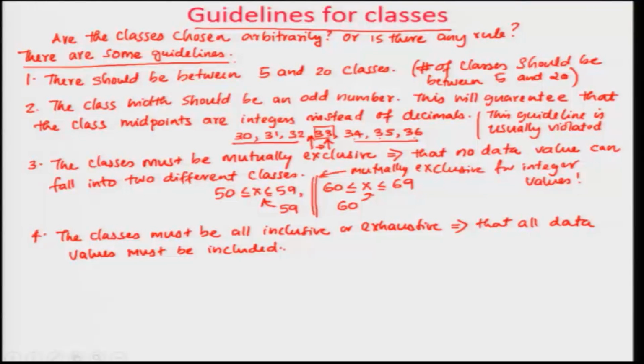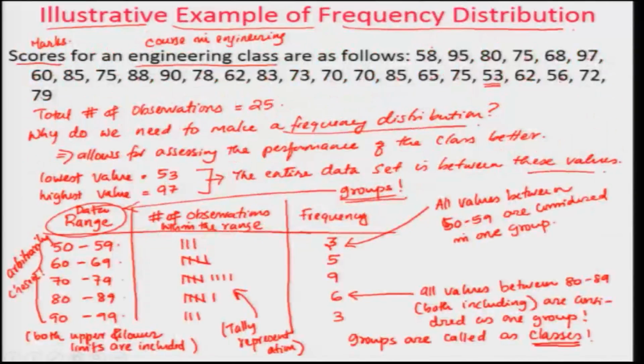So, one of the things that you have to ensure is that the classes should be inclusive or exhaustive. If we go back to the previous data, the 99 that we used will ensure that the largest value that we got, which is 97, is included. In the same way, because the lower limit is 50, the 53 is included.